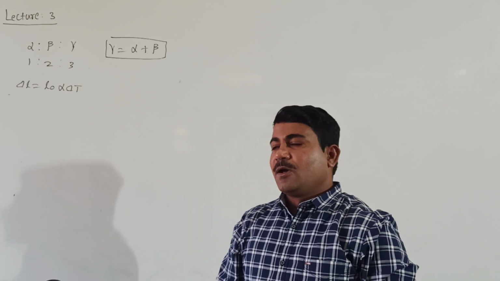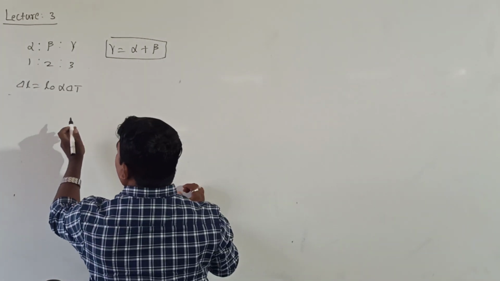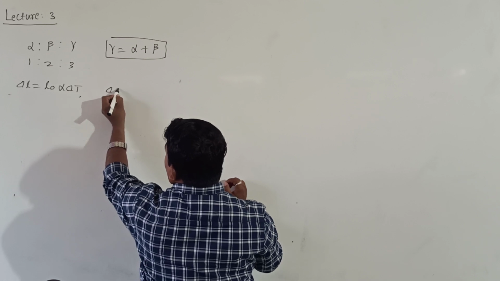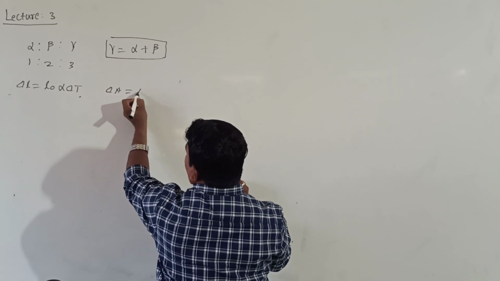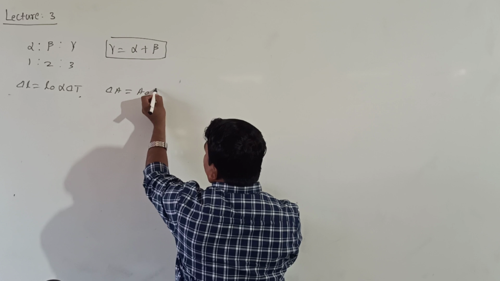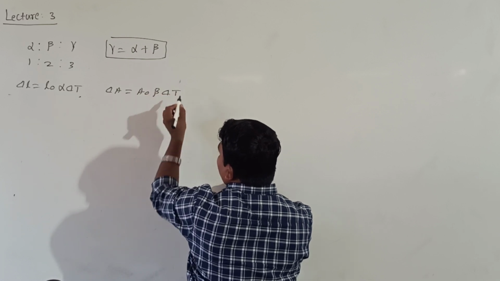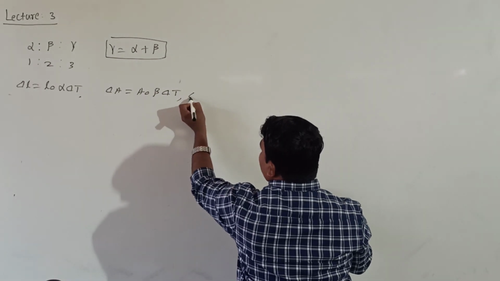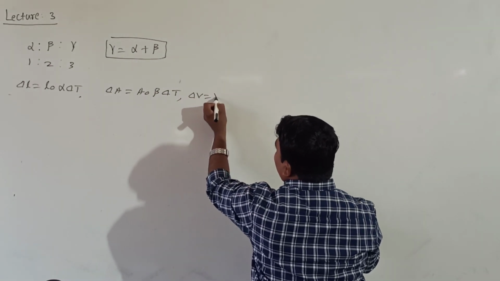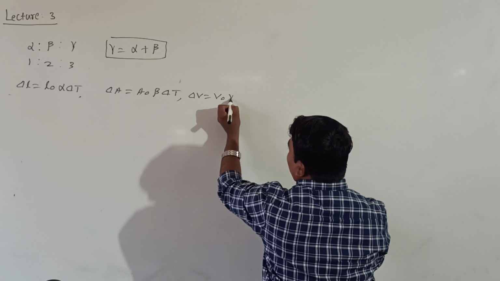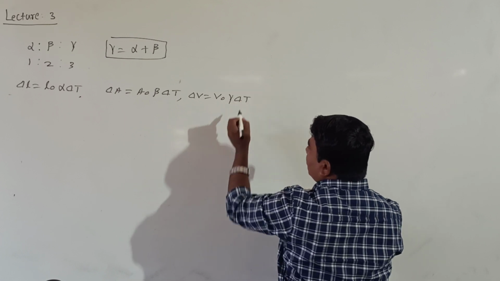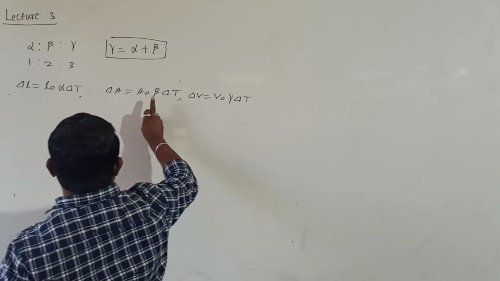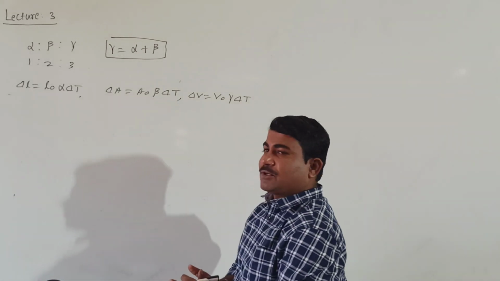Similarly for areal expansion, del A is equal to A0 beta into delta t. Similarly for volume expansion, del V is equal to V0 gamma into delta t. Right? This is for linear, areal and volume expansion.